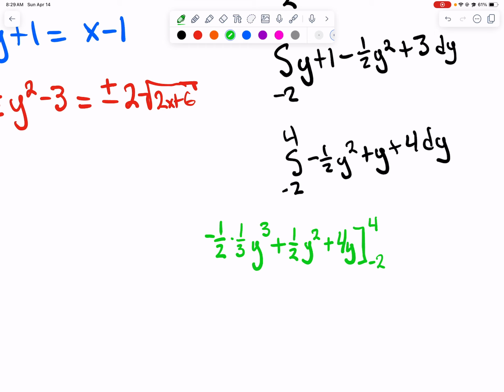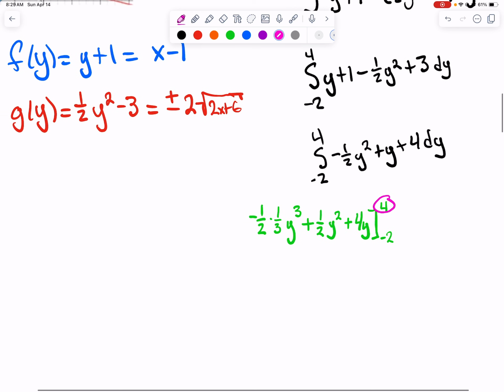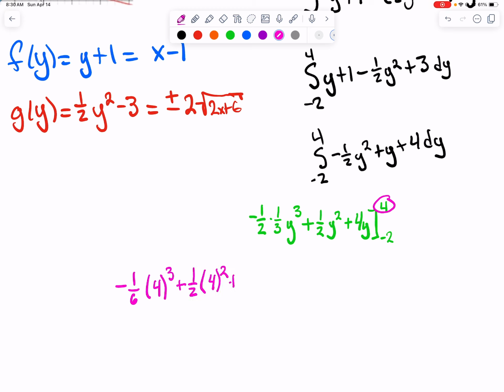So we're going to plug in our bounds there, 4 and -2, and do some subtraction. Let's plug in 4. I'm also going to simplify this front piece: -1/2 times 1/3 is -1/6, times 4 cubed, plus 1/2 times 4 squared, plus 4 times 4.